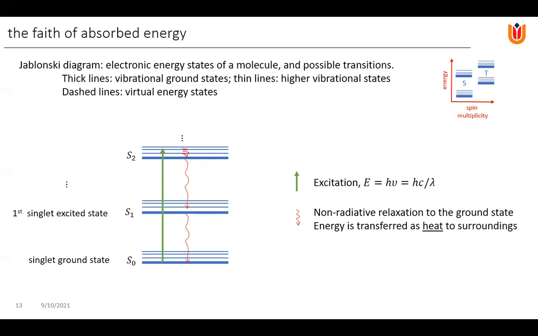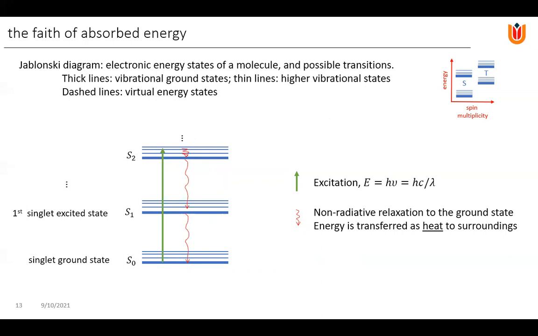So it is a schematic to show energy levels within molecules. And you can actually use it pretty nicely to describe how light interacts with tissue. If you look at this basic diagram, we have a ground state here with a thick line.